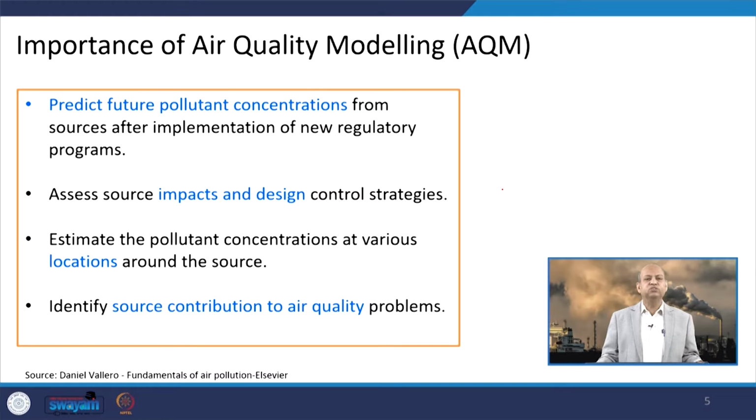So, all those kinds of things are there, and that is done by predicting the future concentrations from sources after implementing new regulatory programs or some new industrial area or something like that.